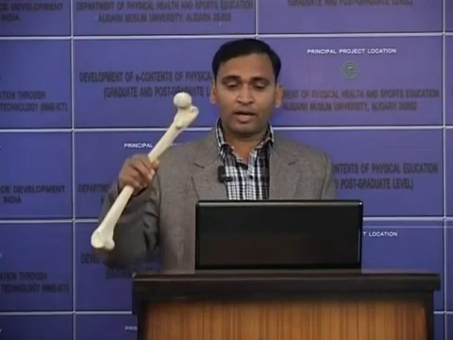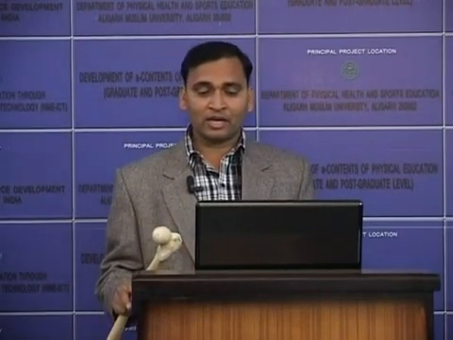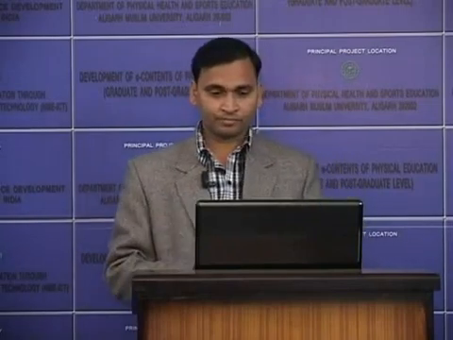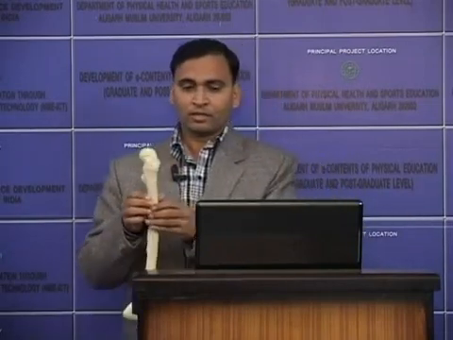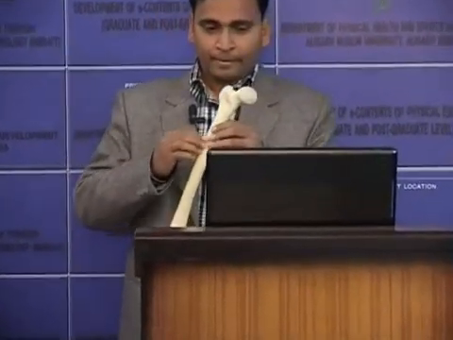The fourth and last muscle of quadriceps is vastus intermedius muscle, which arises from the lateral and anterior side of the diaphysis of the femur. You can see here, this is a femur, lateral and anterior side.